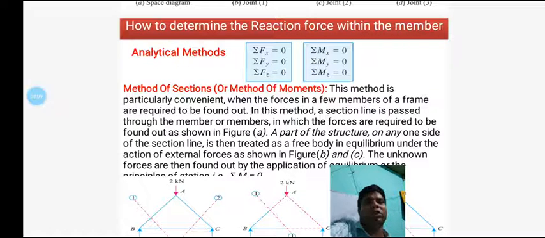So this method is particularly convenient when the forces in a few members of a frame are required to be found out.